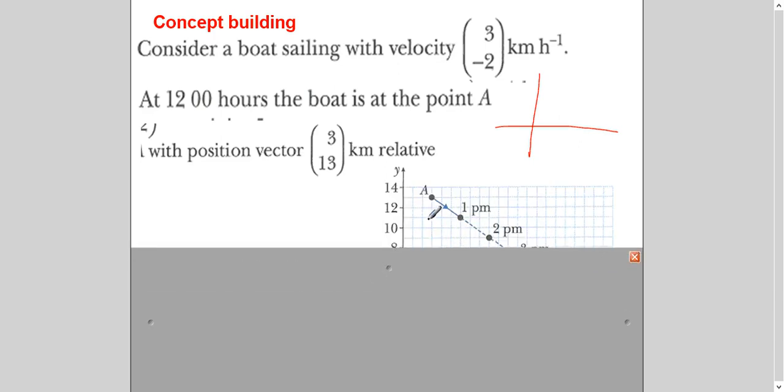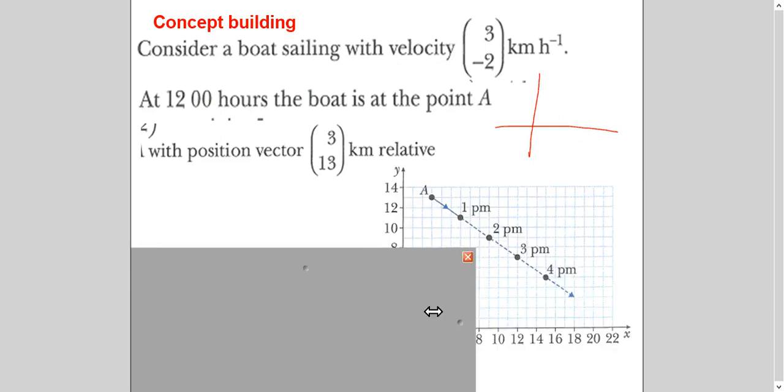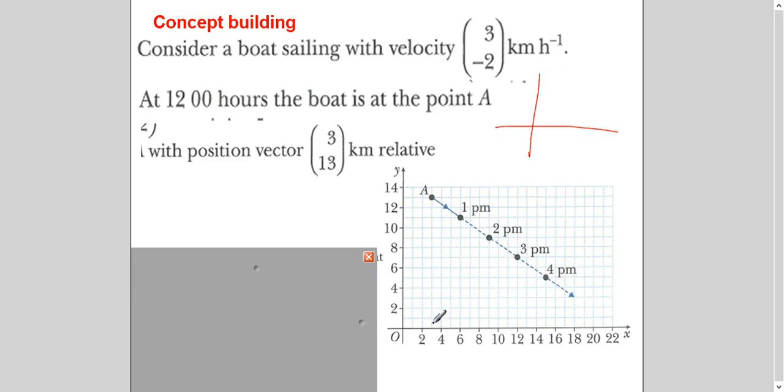If we look at the diagram, for example, this is 3 and this is 13. So at 1200 hour, the boat was here, right? And it is moving with which velocity? 3 minus 2. So from here, if you go 3 units, 1, 2, 3, and then 2 units down. That is how we have found on the diagram where the object is moving.